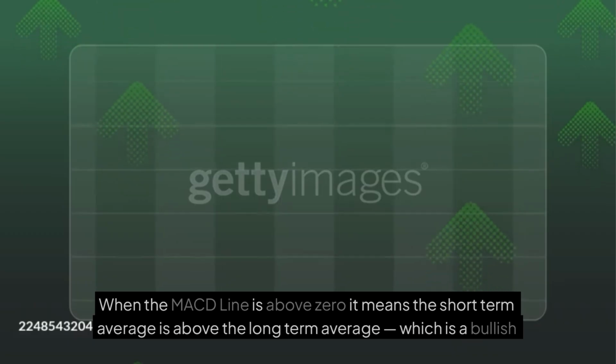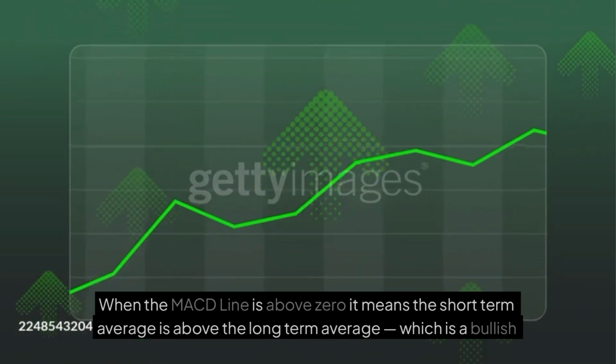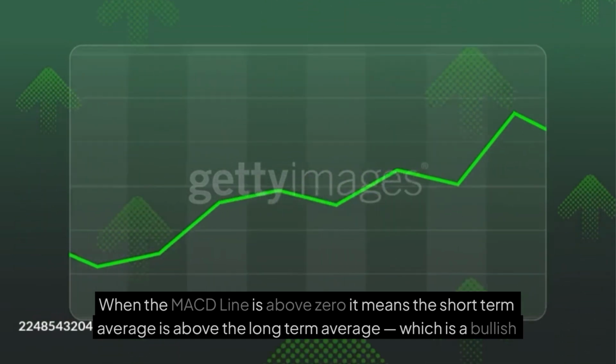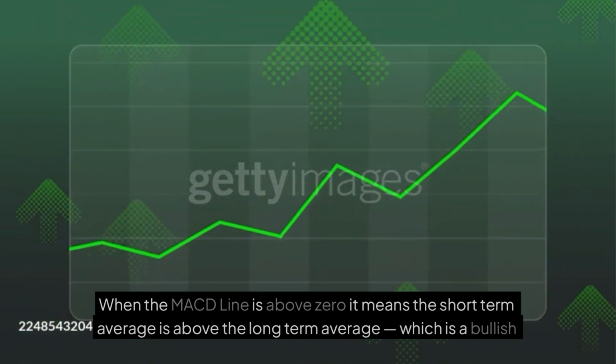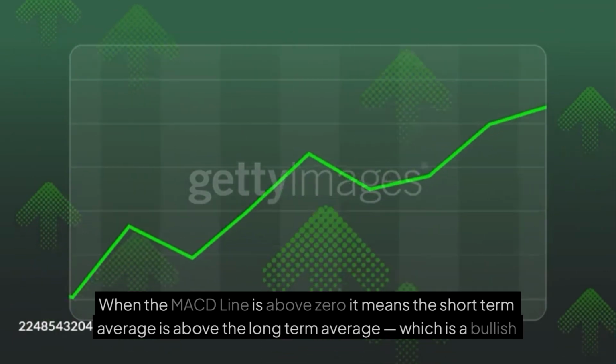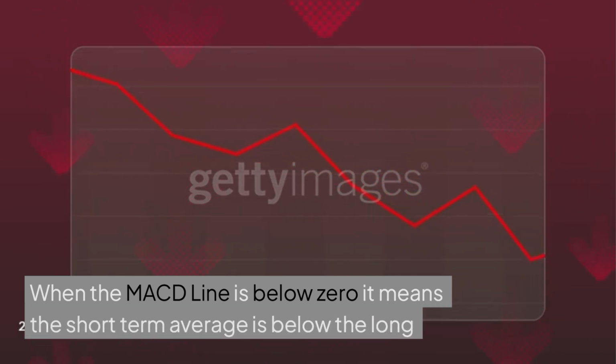When the MACD line is above zero, it means the short-term average is above the long-term average, which is a bullish sign. When the MACD line is below zero, it means the short-term average is below the long-term average, which is a bearish sign.